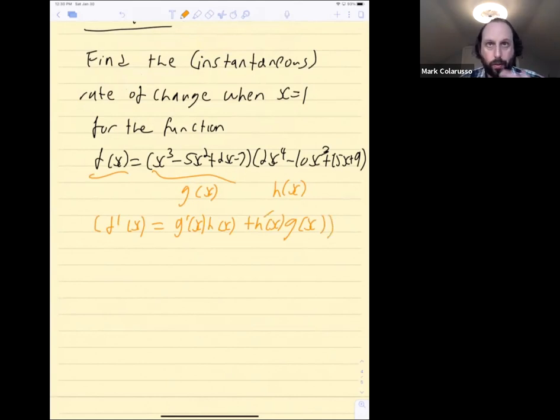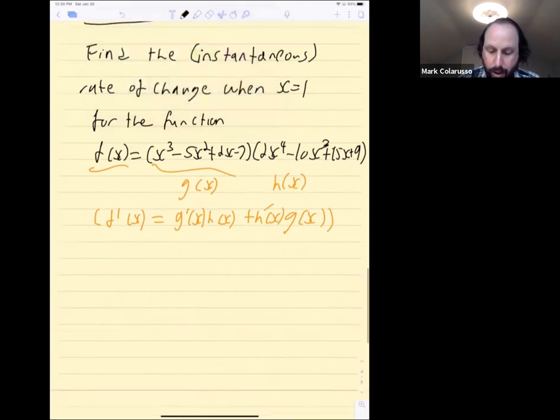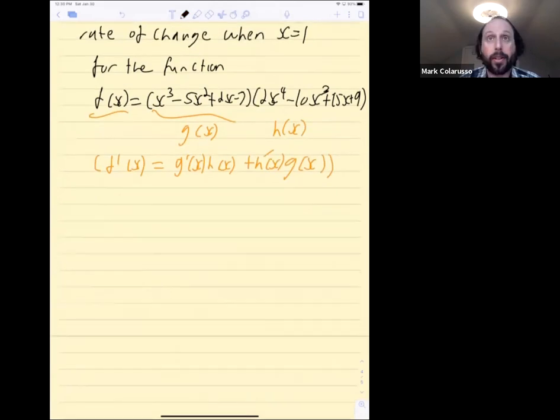This is whatever functions are involved in the product. That's what you need to know. Again, this is applying the product rule with what we did in the previous section, derivatives of powers of x, sums and multiples of powers of x, which hopefully you're very comfortable with now. So I can focus on the product rule.